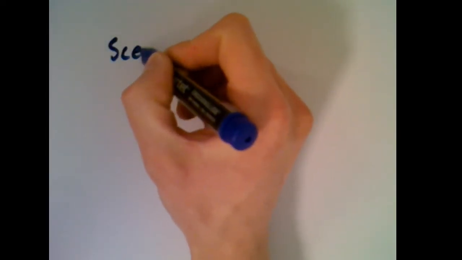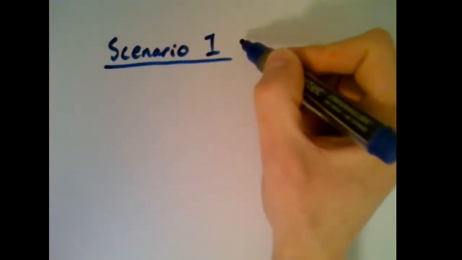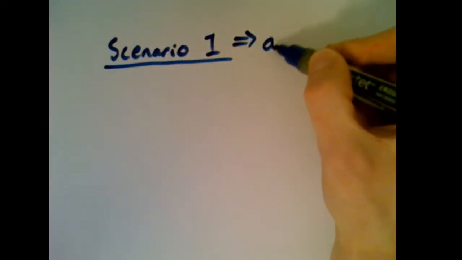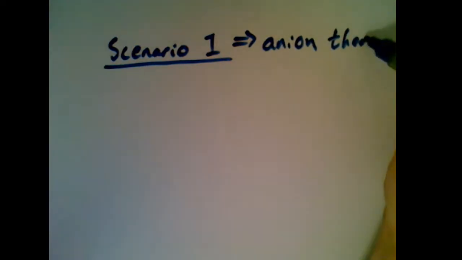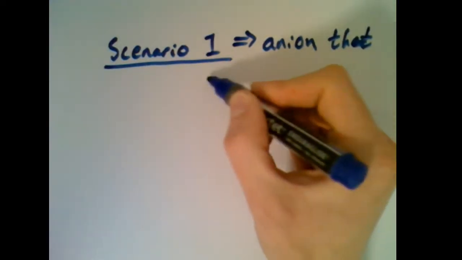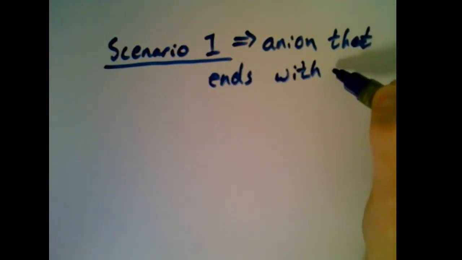So what I mean by that is there are essentially three different scenarios. So we're going to look at scenario 1. In this case, we have an anion, so a negatively charged thing, that ends with IDE.